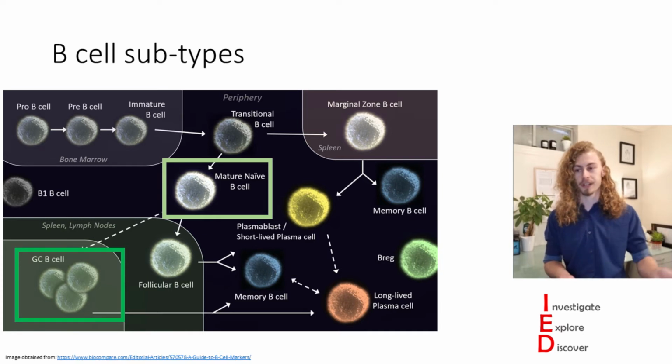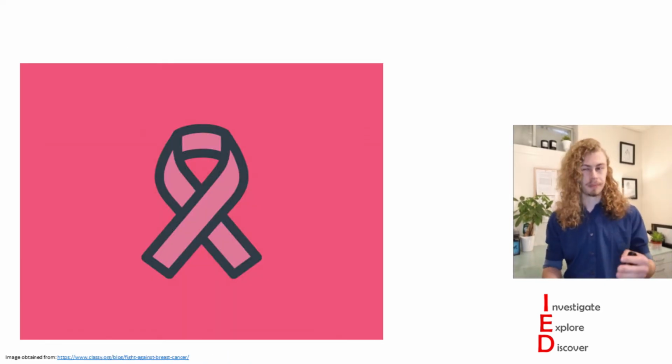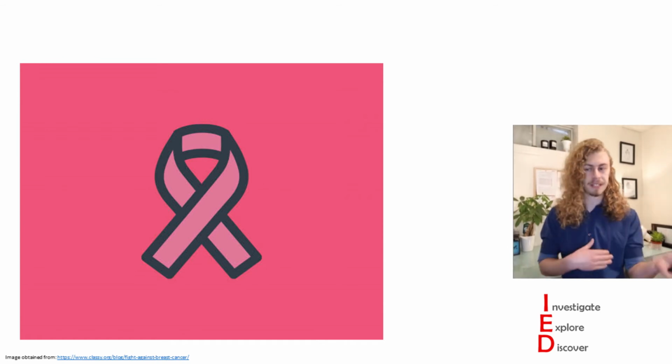And upon differentiation, this spits out cells such as memory B cells, which can linger to repeatedly generate an accelerated and robust antibody-mediated immune response in the case of reinfection, and can also produce antibody-secreting cells in the form of plasmablasts, or plasma cells.